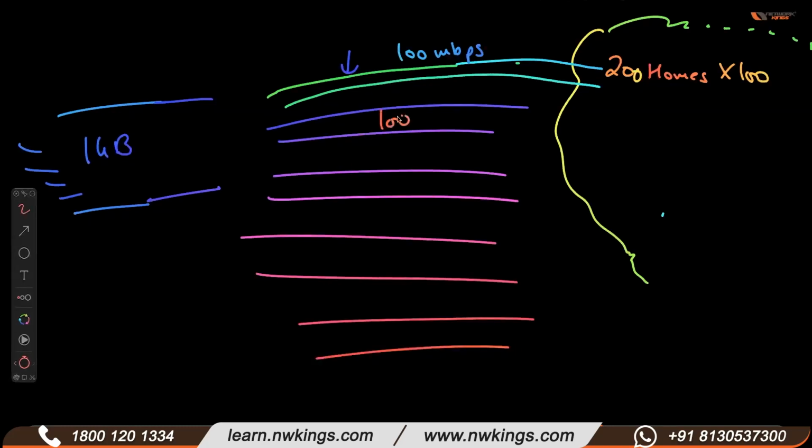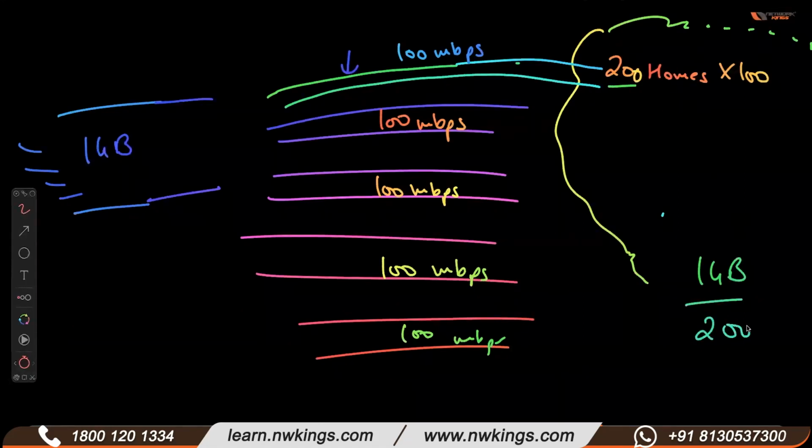If everyone will download, if everyone will use YouTube, everyone will consume bandwidth, what will happen? If all 200 homes will use, the maximum you will be getting is 1 GB divided by 200. This will be the minimum you will be getting.